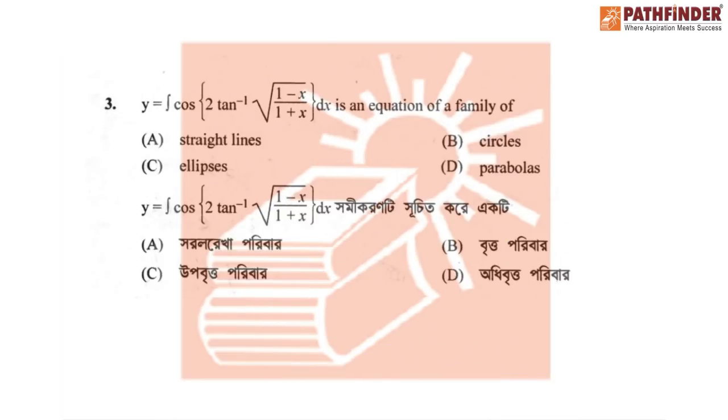Move to the next question, which is question number 3. In this question we have again integration of cos of 2 tan inverse of square root of 1 minus x by 1 plus x here. So here we will substitute x equal to cos 2 theta. If we substitute x equal to cos 2 theta, then 1 minus cos 2 theta by 1 plus cos 2 theta, we will get tan square theta.